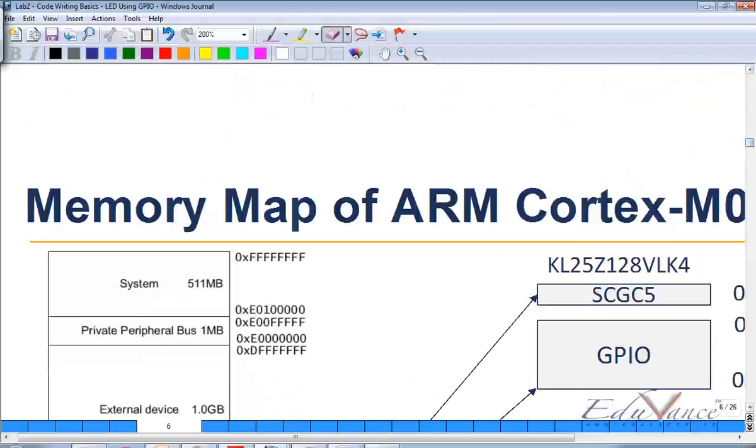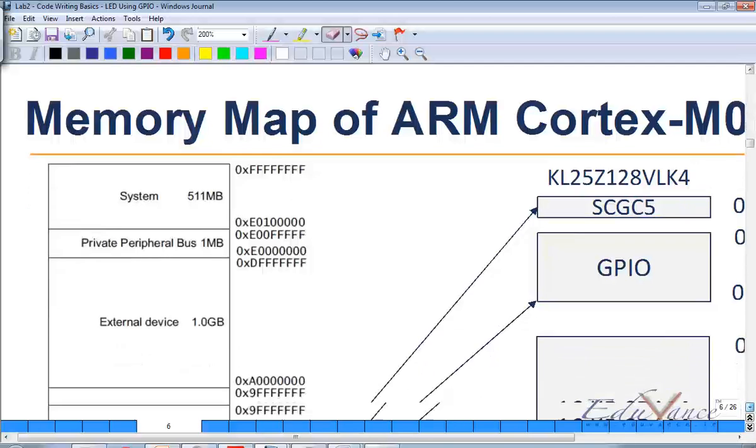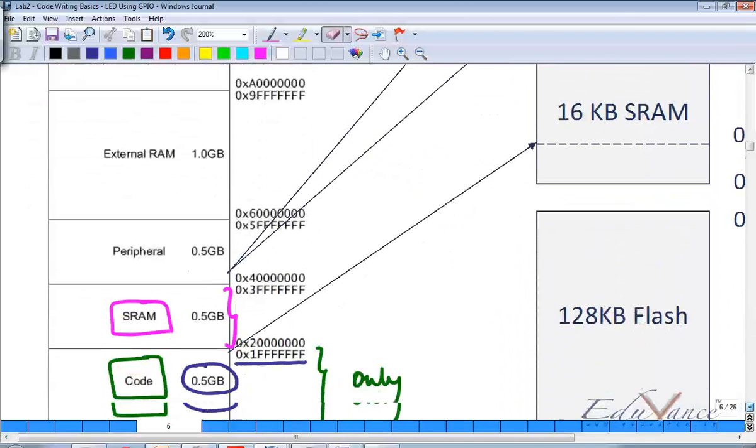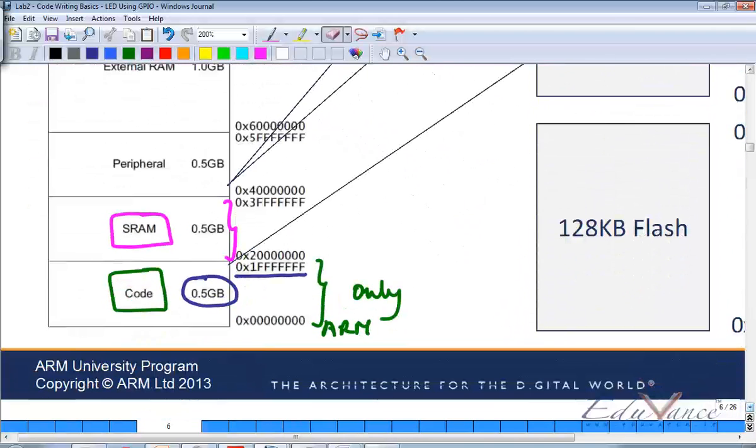the memory map of ARM Cortex M0, and there it says that the first 0.5 GB is exclusively for code. Then the next 0.5 GB is if you want to connect an SRAM memory.